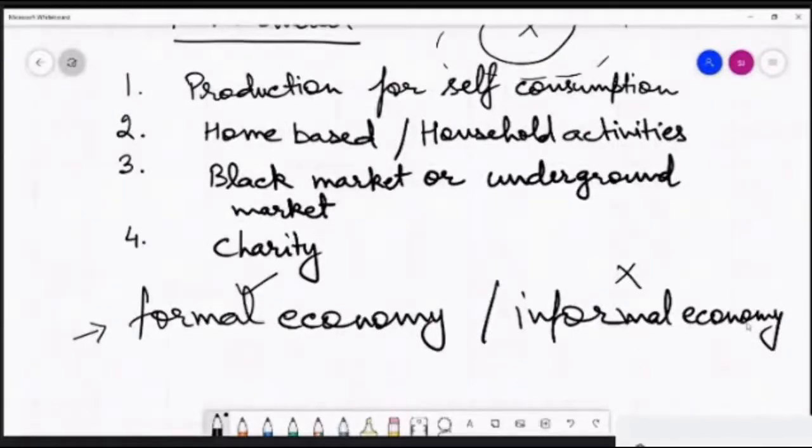So everything which is through market, only it can be part of GDP. I hope now everything is clear. Do you have any question? You are raising the hand.